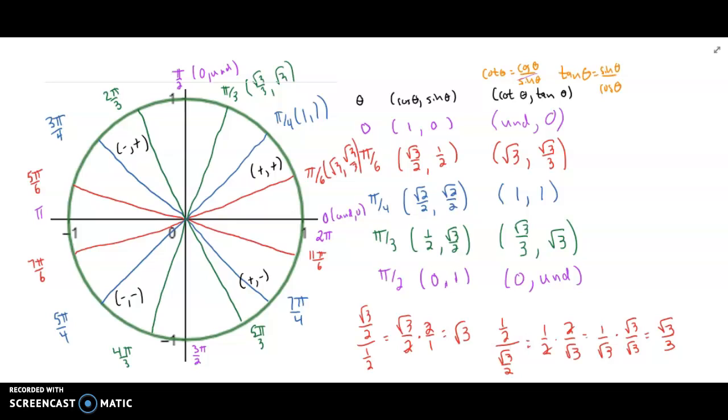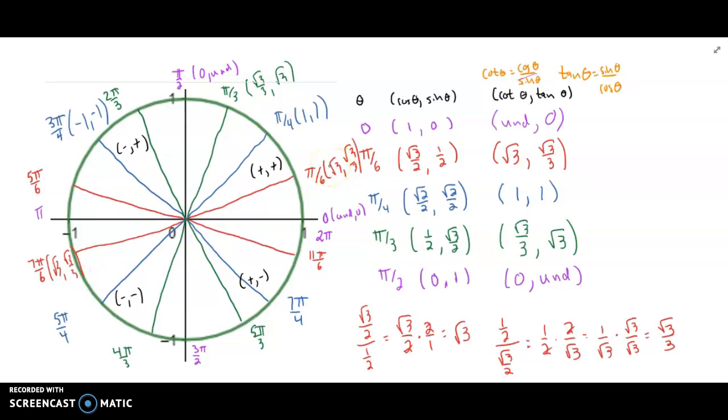So let's say we had our pi over 4s, and I went into quadrant 2, which is 3 pi over 4. Again, in quadrant 2, the cotangent and tangent will both be negative. If I go to quadrant 3, let's say I take that pi over 6 value. When I went to 7 pi over 6, now I'm actually positive in this quadrant. So it's root 3 and root 3 over 3, just like we had in quadrant 1.